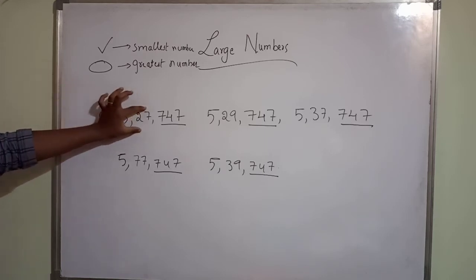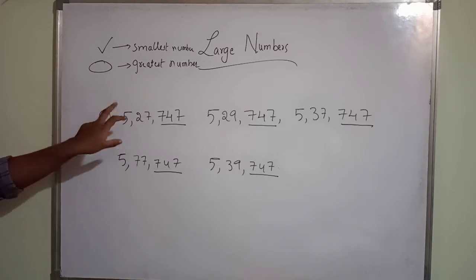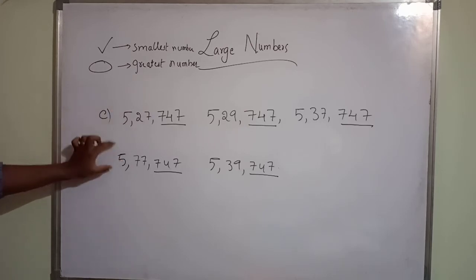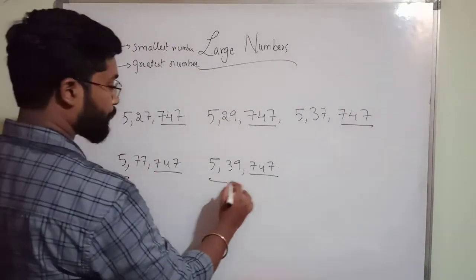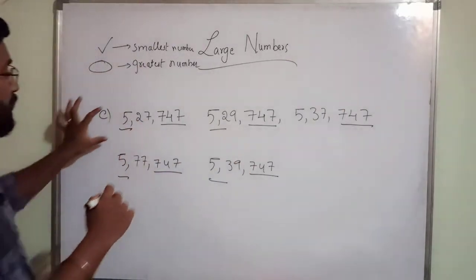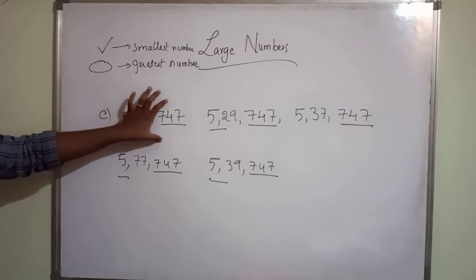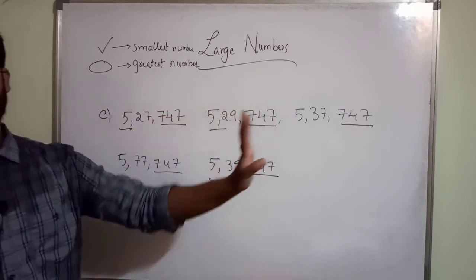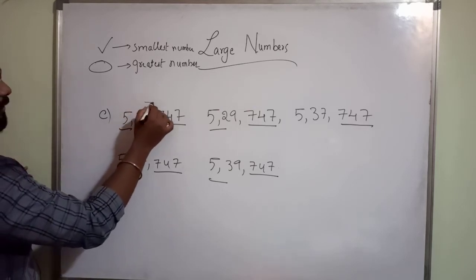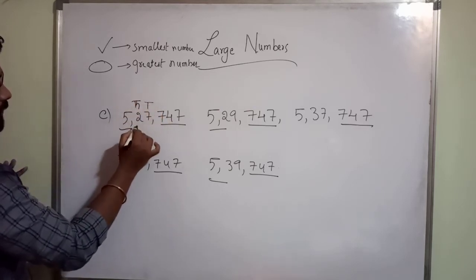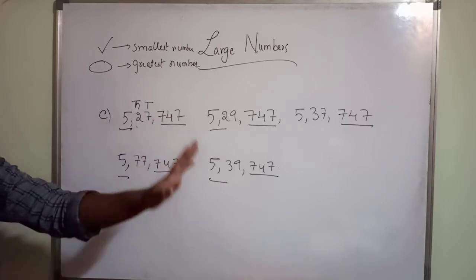Look at this carefully, 5 lakhs is common in all of this. 5 lakhs, 5 lakhs, 5 lakhs. So common things are 5 lakhs and this 747. Where is the difference? The difference is in the 1000 and 10,000 position only. At this place only we are having the difference.